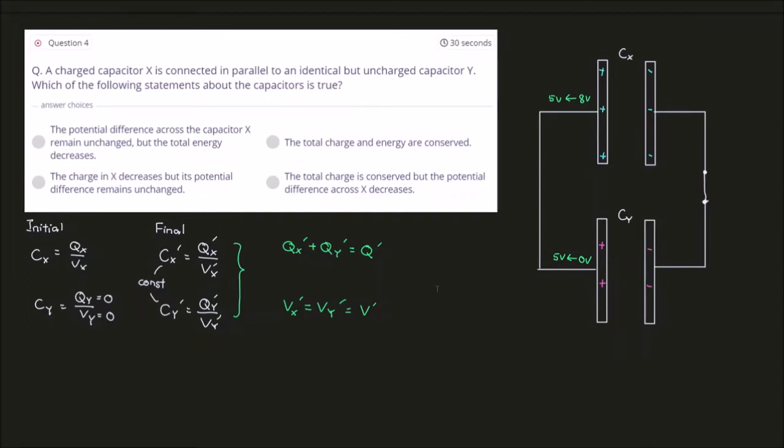And since we already labeled Qx prime and Qy prime to become Q prime, you can say that Q prime is equal to Qx. Why is Q prime equal to Qx?